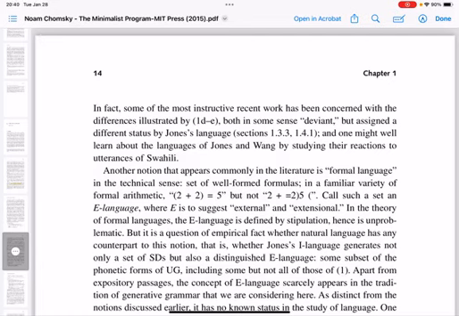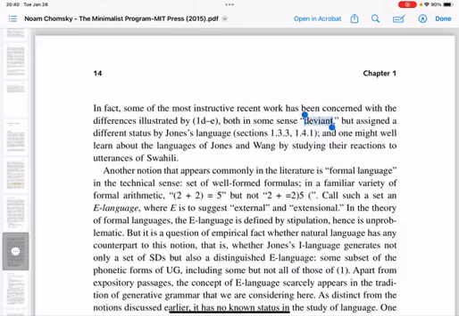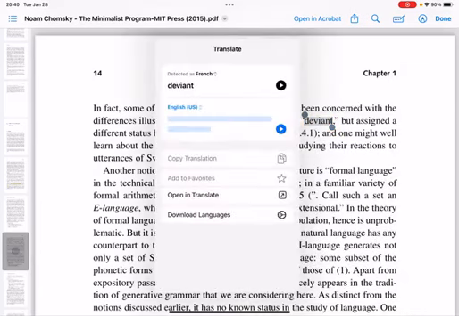In fact, some of the most instructive recent work has been concerned with the differences illustrated by these examples, both in some sense deviant, deviant, what? Departing from usual. Okay, I know what it means, but what is the pronunciation of it? I'm just going to check it out.